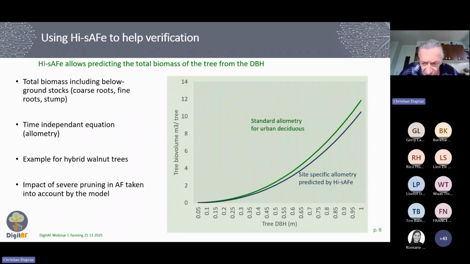And you see on this graph that we have specific allometries predicted by the HiSAFE model that are close to urban deciduous trees, but sometimes different. A very important aspect is the model is including the impact of severe pruning in agroforestry, and that's important because it modifies a lot the way the tree is growing and the stock of carbon.